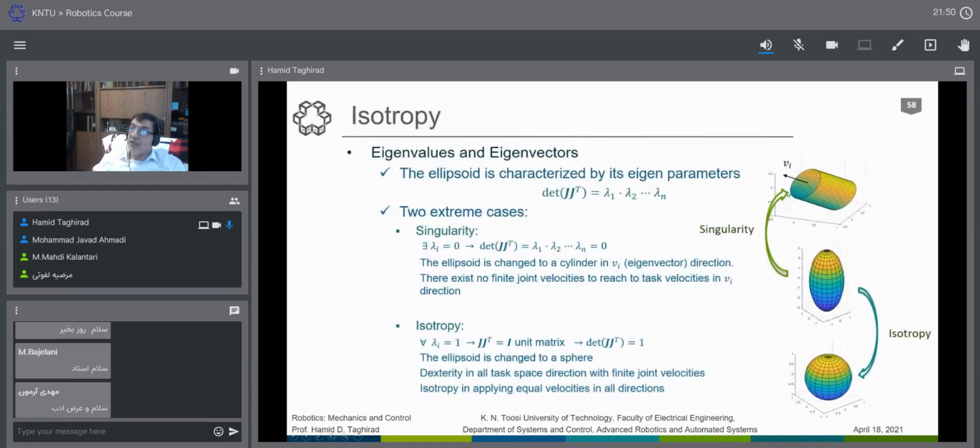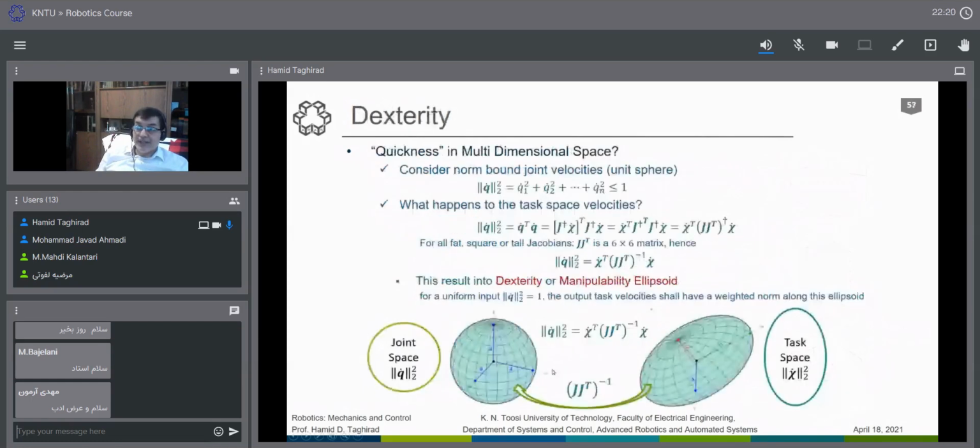So we have singularity in that specific direction, the eigenvector of that eigenvalue which is equal to 0. So now the eigenvalues and the eigenvectors come into the picture with a more physical concept. This is usually not a good value, because in that direction we cannot get the inverse and we cannot have a motion.